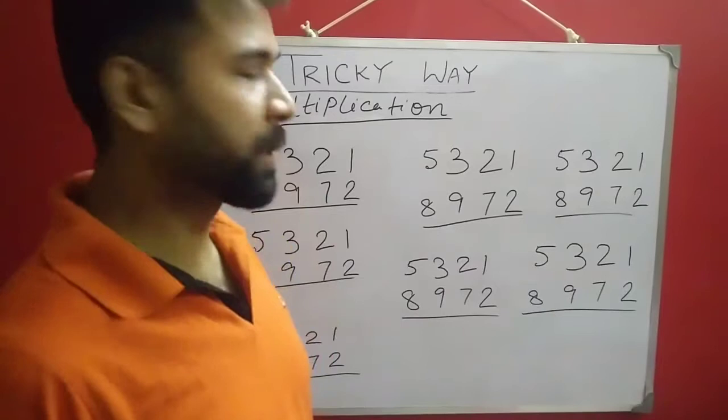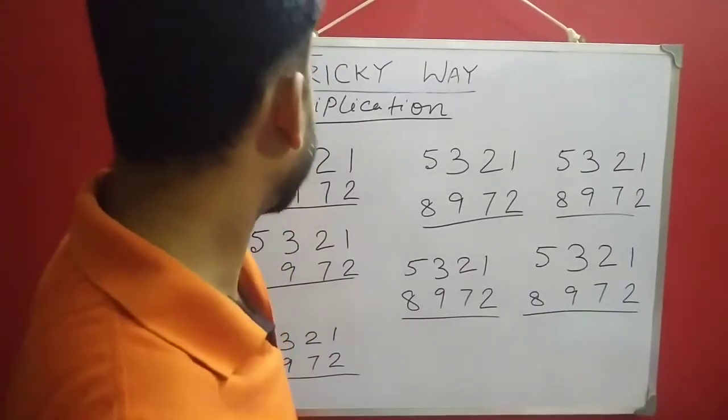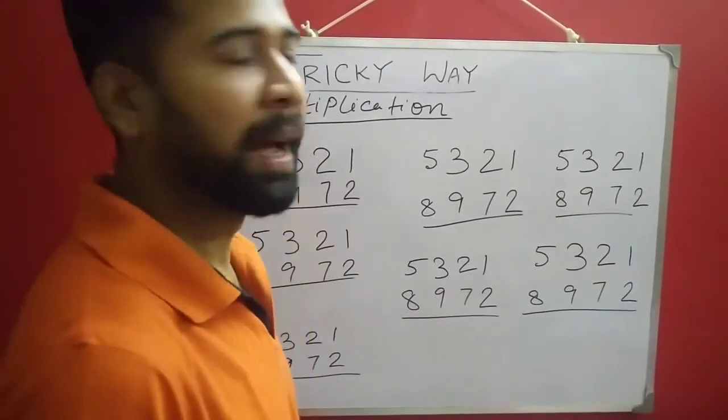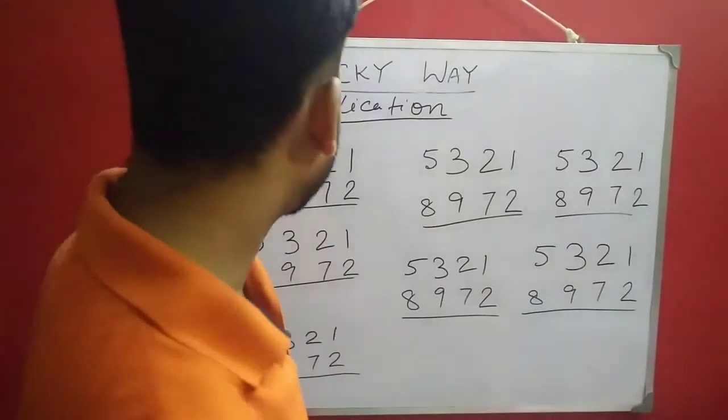Now moving to our next problem. It is a 4-digit multiplication, and it is very complex.